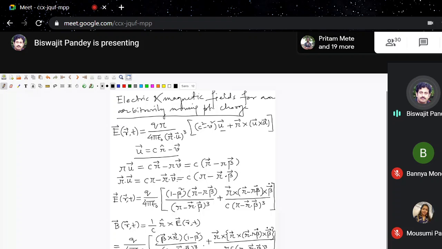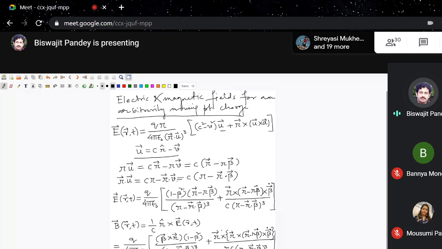So these are two very important expressions. These two expressions give us the electric field and magnetic field for a moving point charge, which is moving with an arbitrary velocity along any arbitrary direction. So what can be inferred from these two expressions?